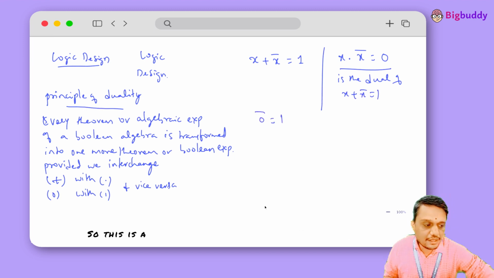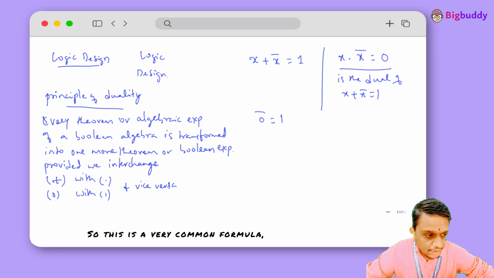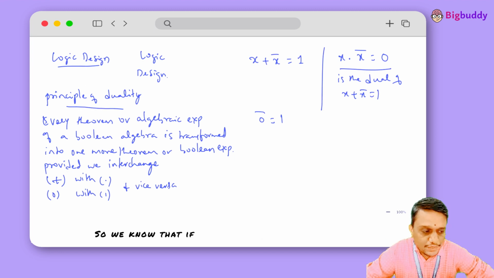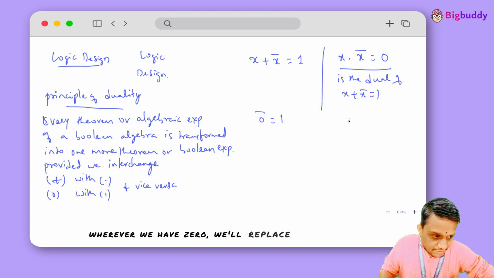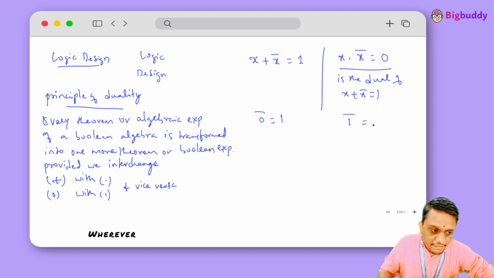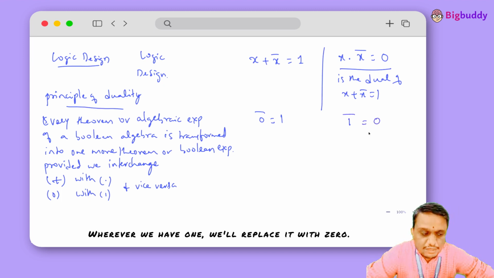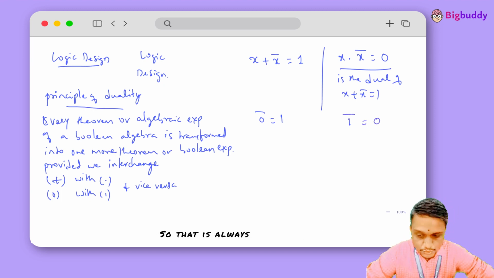This is a very common formula. If we use the principle of duality, wherever we have 0 we replace it with 1, wherever we have 1 we replace it with 0. That is, 1 bar is 0, so that is always true. So this is basically what we call the principle of duality.